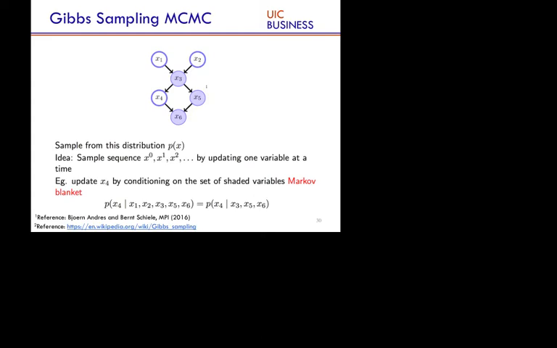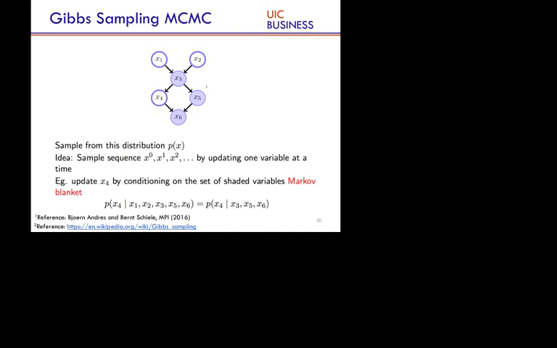I'll write this later. Then you'll get x2. The superscript represents the sample index. So after 1, 2, 3, 4, 5, 6 such operations, you'll get x1. This is a 6-dimensional vector. This is a 6-dimensional vector. To get from here to here, I'm going to go sequentially and sample one variable at a time.